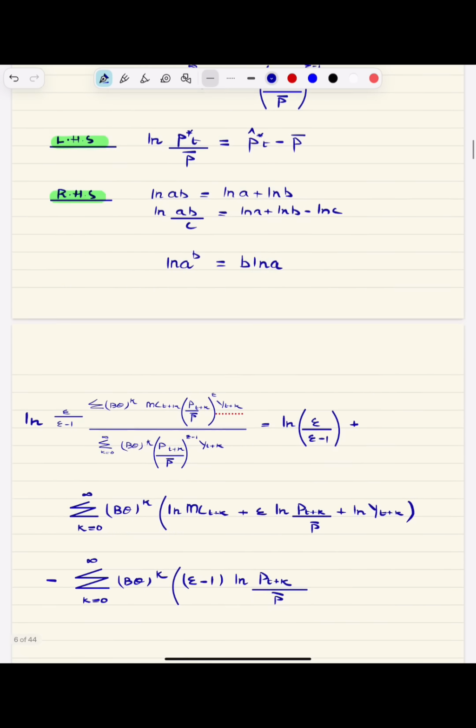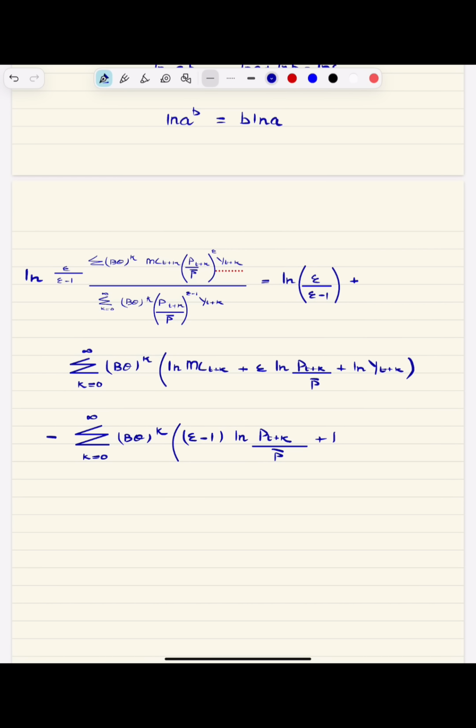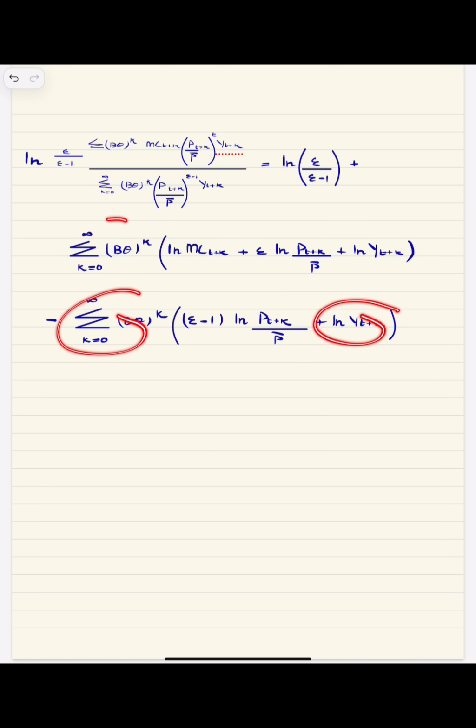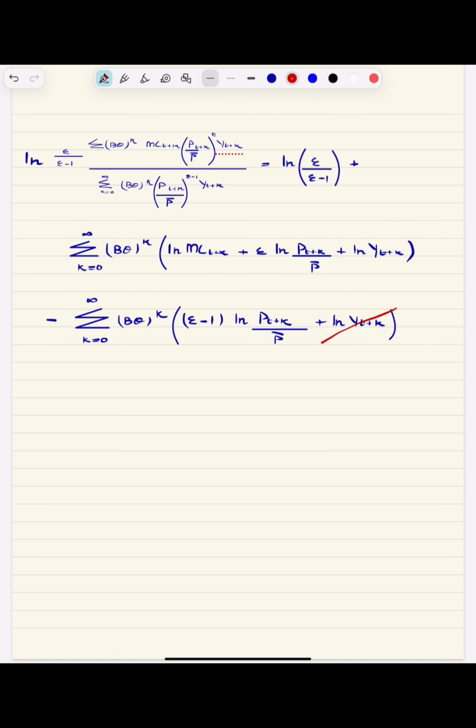Is there any y here? Yes. Plus ln y t plus k. When we open this up, this whole expression is just going to cancel out. What I can see is this is going to disappear, right? And what else? We have an epsilon ln this, and let's just open this up then.